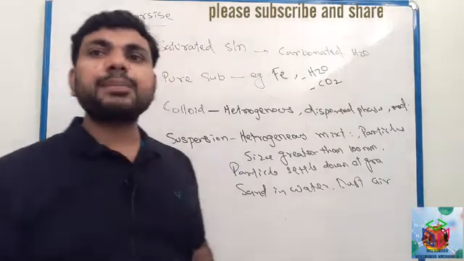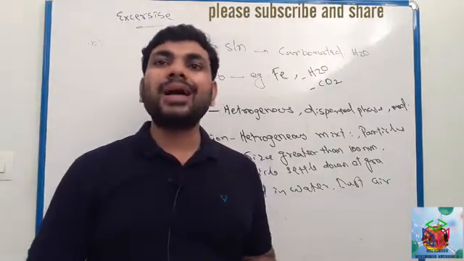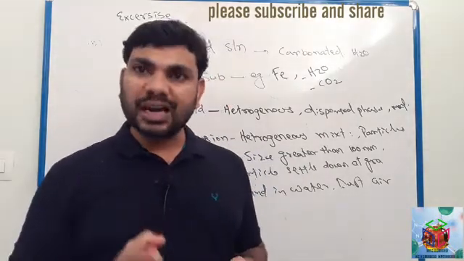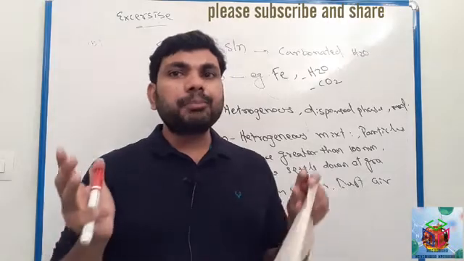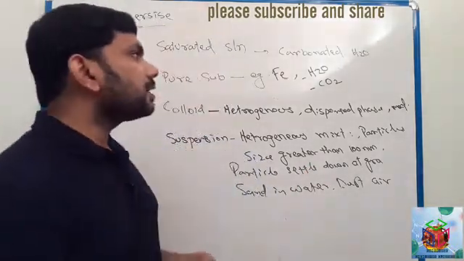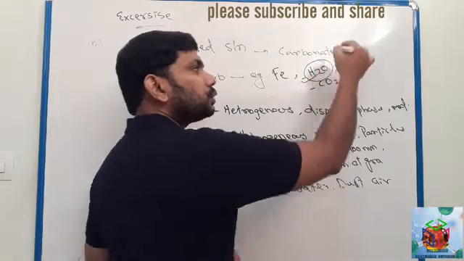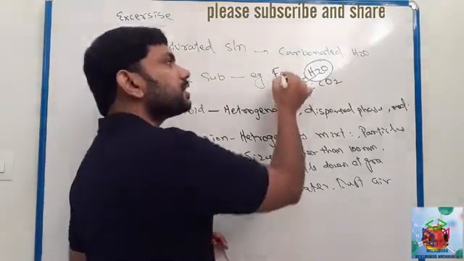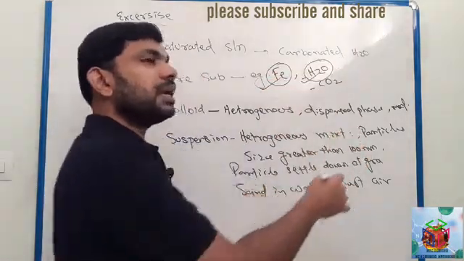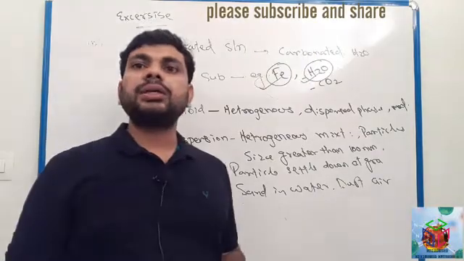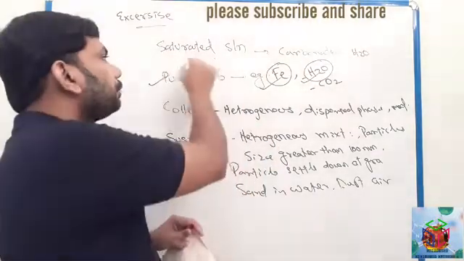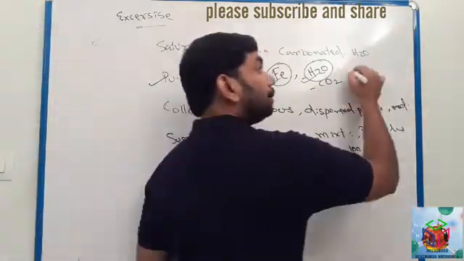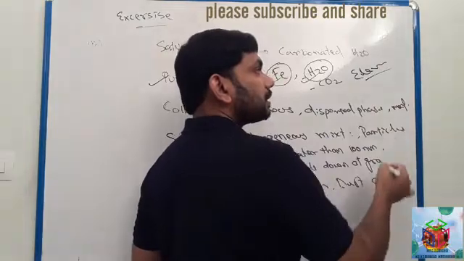So pure substance means a substance which contains only one type of atoms, or only one type of molecules. Here, a substance which contains only H2O, only one type of molecule, or only one type of atoms, such types of substances are called pure substances. Examples: any element, all elements are pure substances.